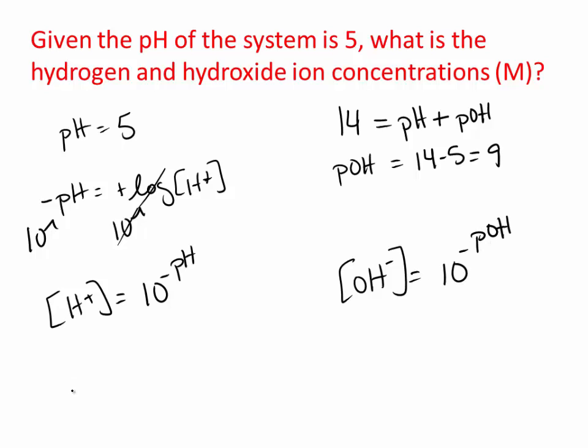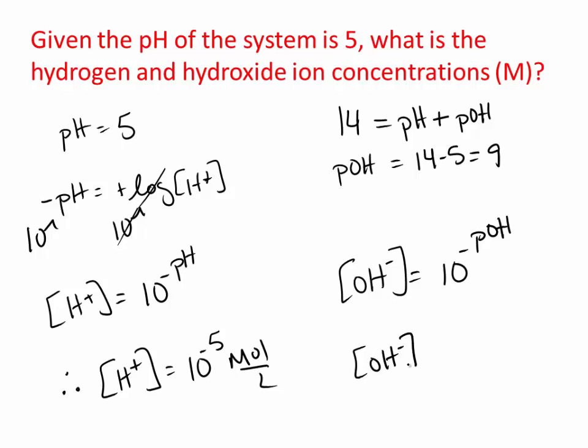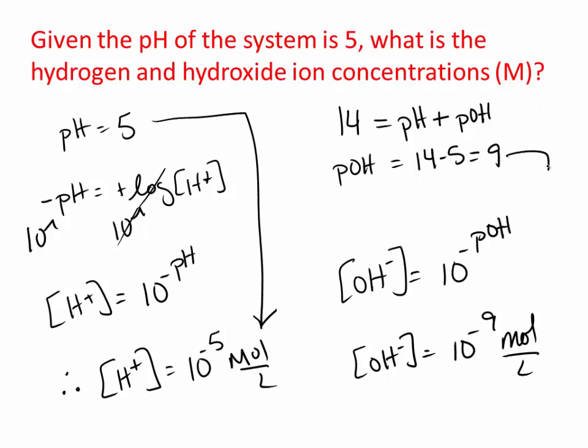So in this problem, when the pH is given as 5, you should also be able to interpret that as the molar hydrogen ion concentration is 10 to the negative 5, and the hydroxide ion concentration is equal to 10 to the negative 9 moles per liter. In your homework, you would not need to show this work. I've done this for you once, but you can quickly skip from the given pH to the molar concentration.